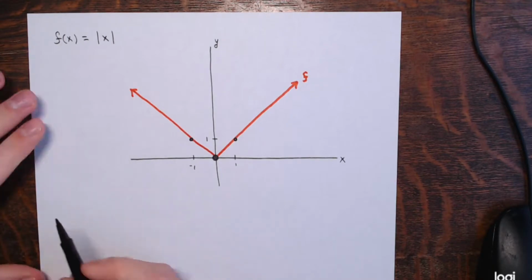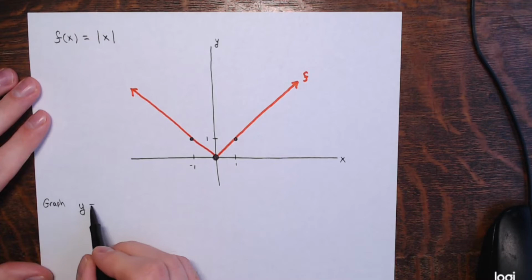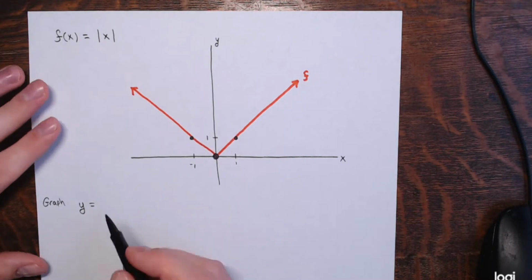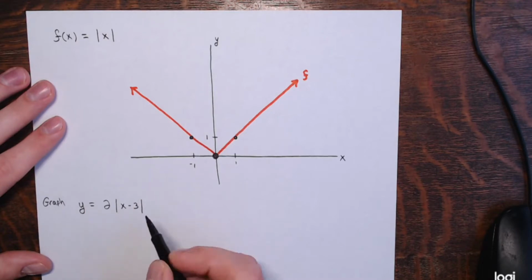Now we're asked to graph, I'm going to call it just y equals. You can call it some other function. They shouldn't have called it f again. This is 2 times the absolute value of x minus 3, and then minus 1.